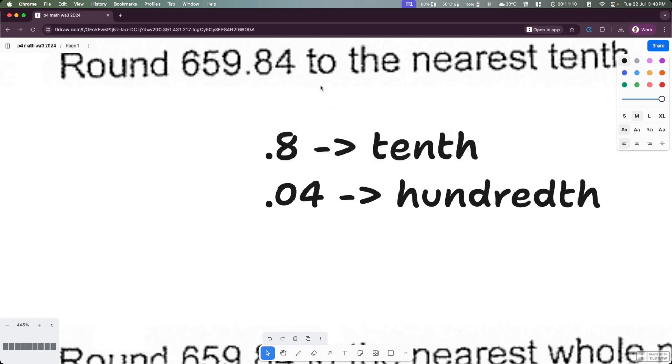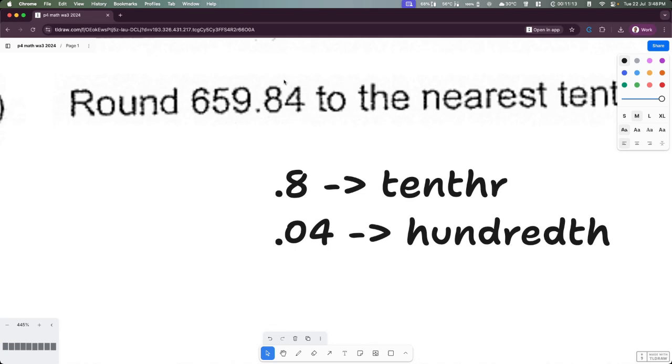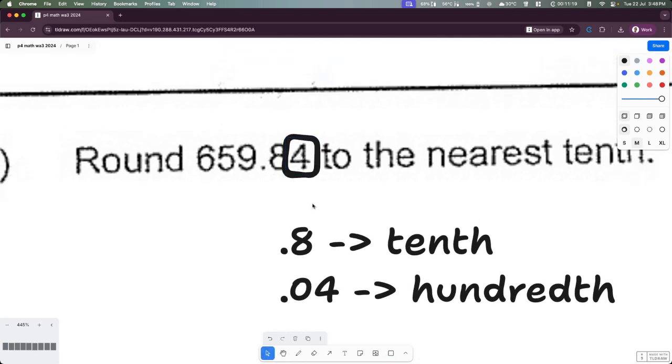So what we need to do is check the 4 over here, whether it is 5 or more, to decide if we round up or round down. In this case, 4 is not 5 or more, so we just let it remain the same.